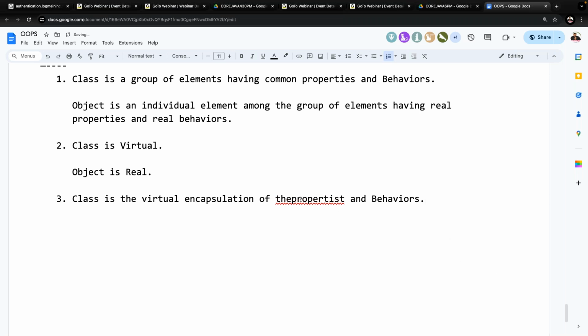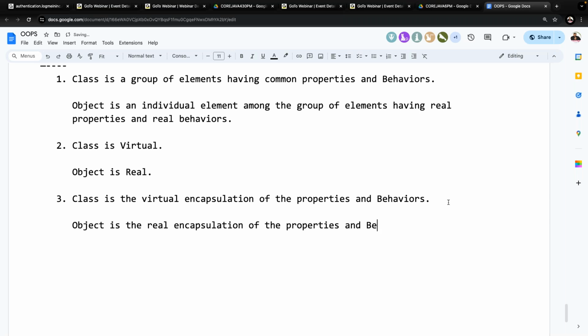Whereas object is the real, or physical, encapsulation of the properties and behaviors. This is the third point we have to understand.